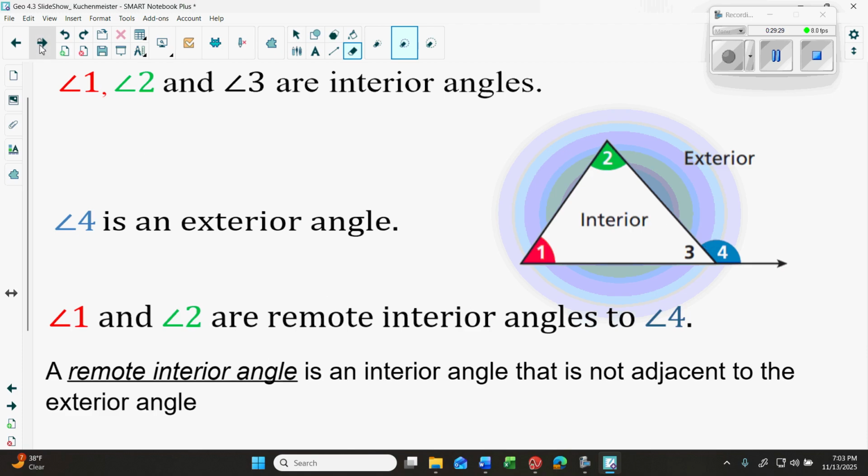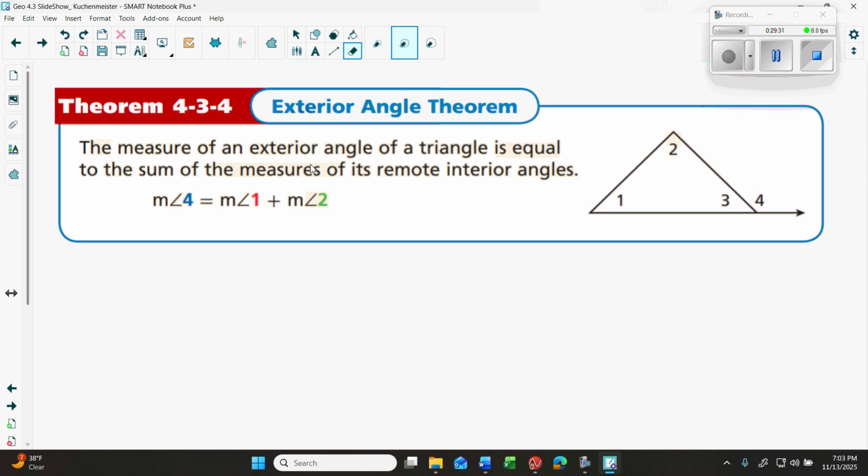And that theorem is called the exterior angle theorem, also a pretty important theorem that we're going to use in this class. What it states is the measure of an exterior angle of a triangle is equal to the sum of the measures of its remote interior angles. So if we look at that diagram, which I've simplified from the last slide, we know 1 and 2 are remote interior to 4.